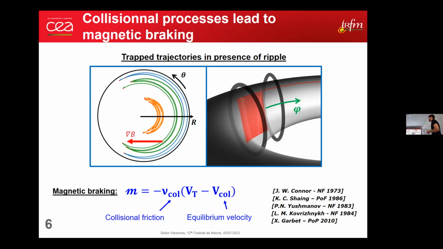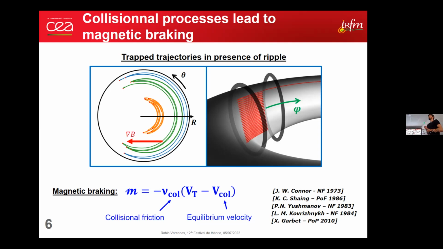One other remarkable feature linked to ripple is that, if you look on the right here, some particles can become trapped in the magnetic well formed by two consecutive coils. And those particles will undergo the so-called vertical magnetic drift that exists in tokamaks. Those are just examples, but if you want to see the effect on the overall plasma, you also have to account for collisions.